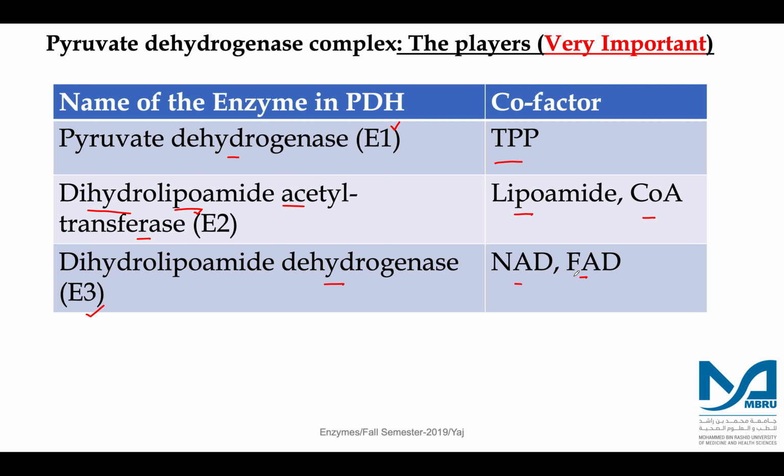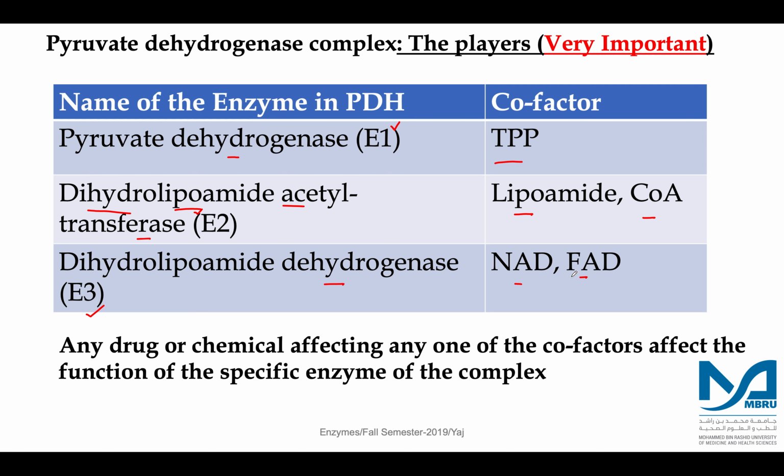Now, in an exam, what people will ask you is that they will add a drug in a hypothetical situation which will quench or take away one of these cofactors, and then they will ask you which specific enzyme in the pyruvate dehydrogenase complex will be impaired.